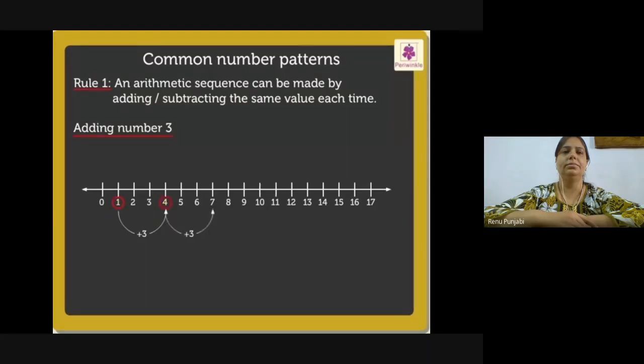Now adding 3 to the next number, that is 4, we get the answer as 7. Similarly, we get 10, 13, 16, and so on. Look, by adding 3 to the last number each time, we have got a number pattern.